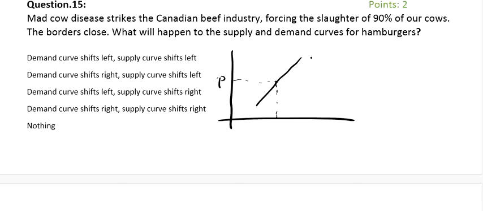Price, this one. So the price will increase. That means there will be a shift for the same quantity, increase in price. P1, P2.